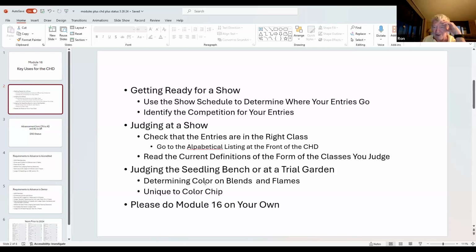If you have this specific set of color chips, that CHD tells you whether it's a flame or not. There is no judgment factor there. It's unique. So please have your CHD handy in that regard as well. Yeah, and please do that module 16 on your own because it is important.